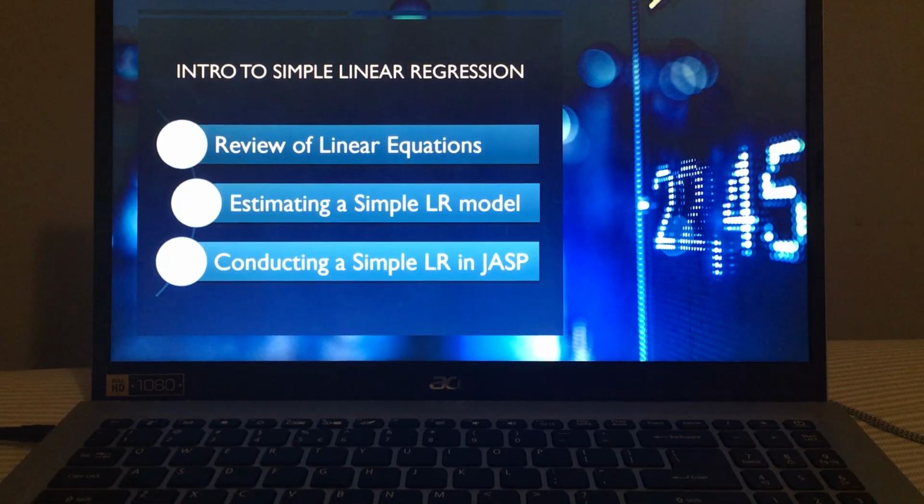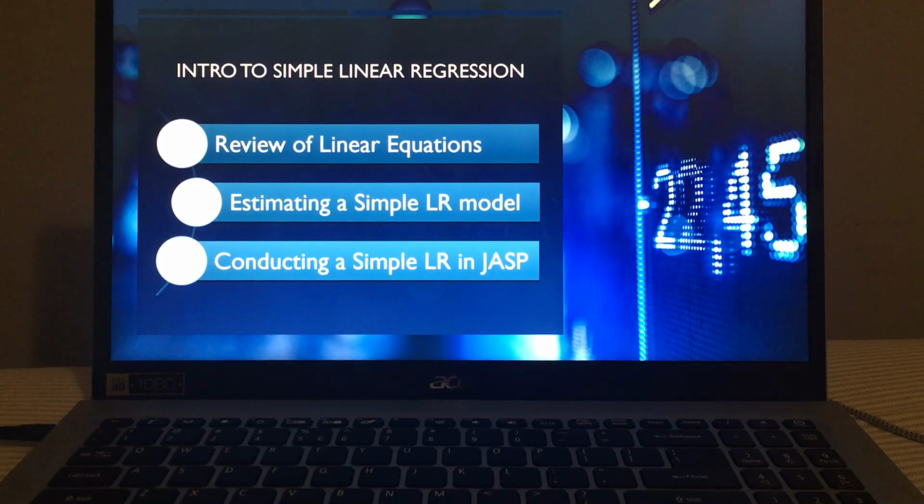So we're at the top of page 5, where we're going to open up JASP and conduct a simple linear regression analysis. Again, it says we'll continue with the example using the parenthood data set. So let's take a look.